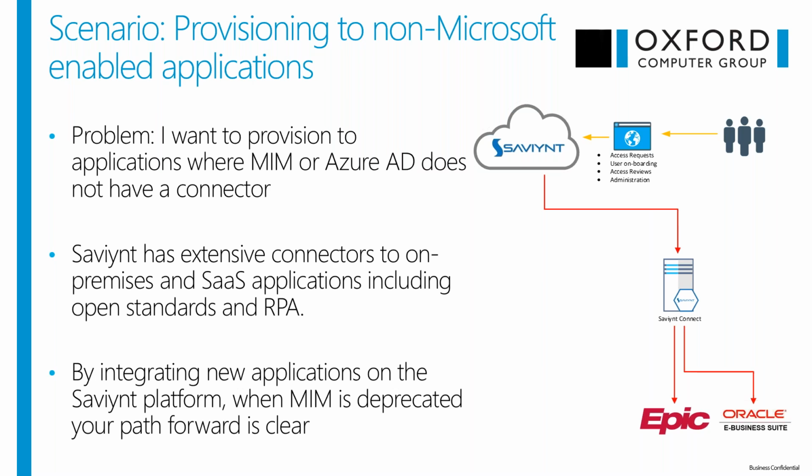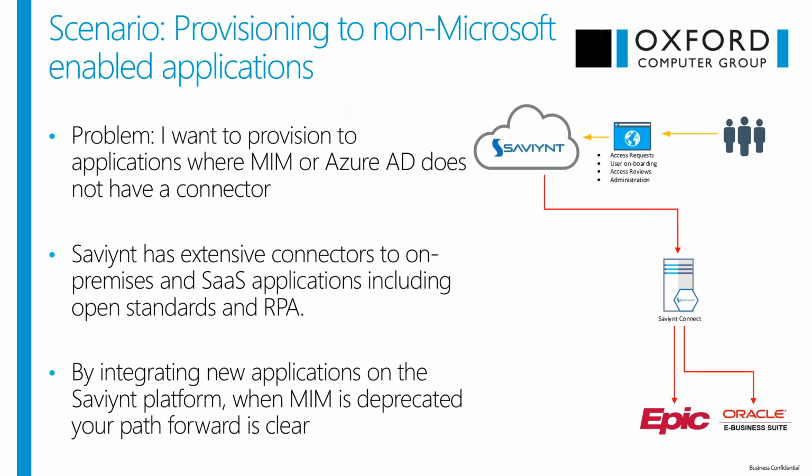So Saviynt is essentially a service that you're procuring, in much the same way as Azure AD. They built connectors and they continually write new ones and update their existing ones, and they connect to complicated systems like an Epic, which is an EHR or an electronic health record application, or Oracle e-business suite.